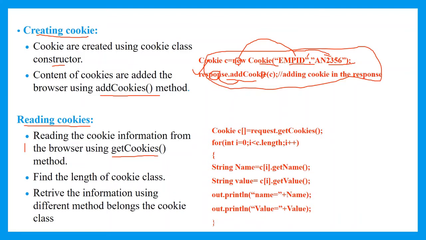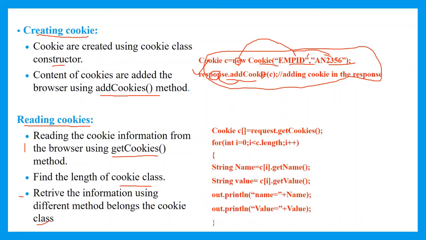The second step is to find the length of the cookie array. We don't know what the length is, so first we need to find it. Then the third step is to retrieve the information using the different methods belonging to the cookie class. We already saw the different methods available in the cookie class in the previous slide. By using those methods, I am going to retrieve the information from the browser. These are the steps for reading the cookie information.